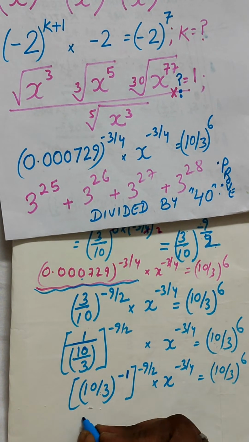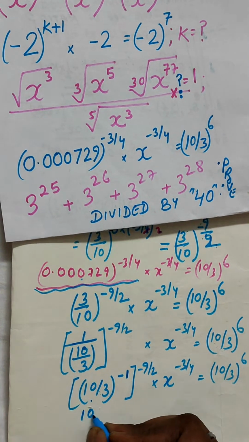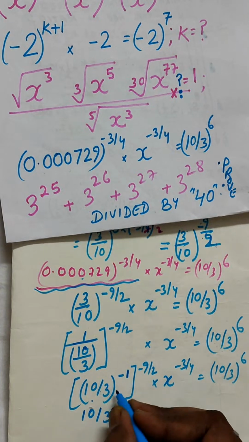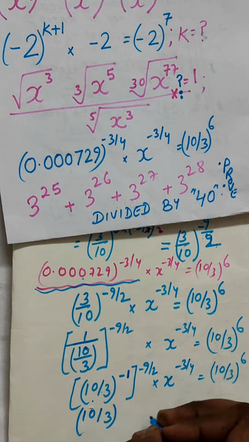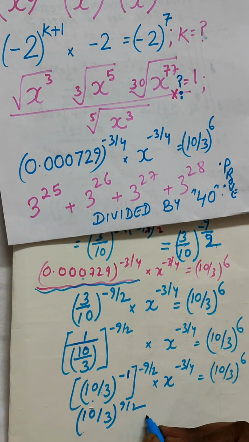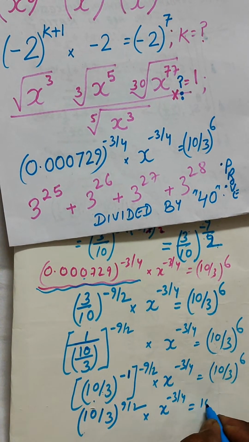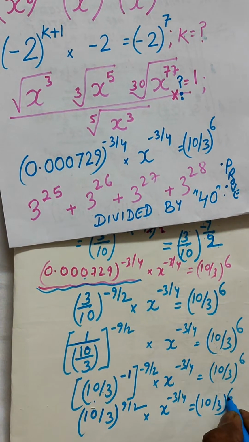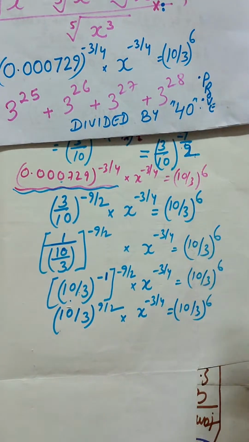Now, since bases are same, we will use the second step. So first 10 by 3 power minus 1 into minus 9 by 2. This will be 10 by 3 power 9 by 2, right? Into x power minus 3 by 4 equal to 10 by 3 power 6. So whatever we have used, we can utilize that now. How?